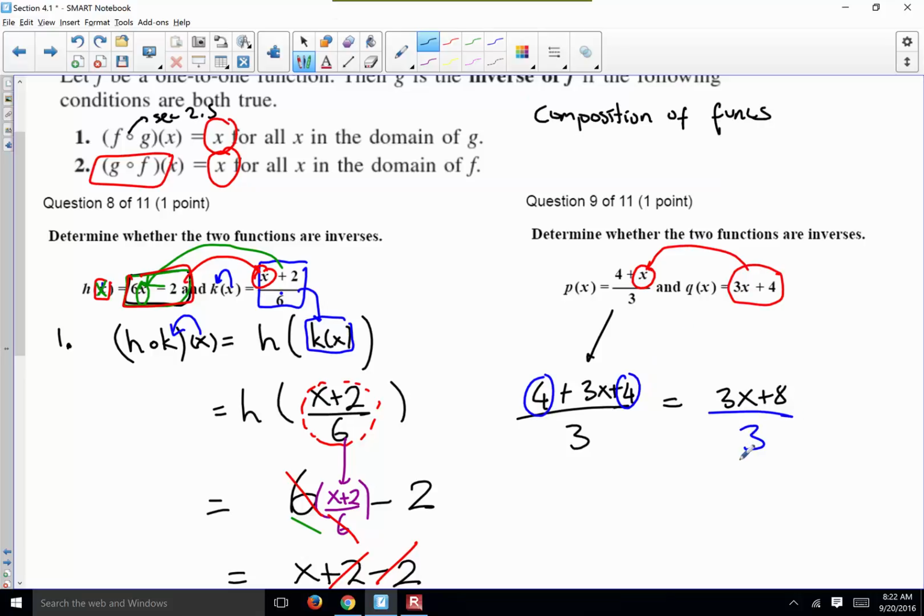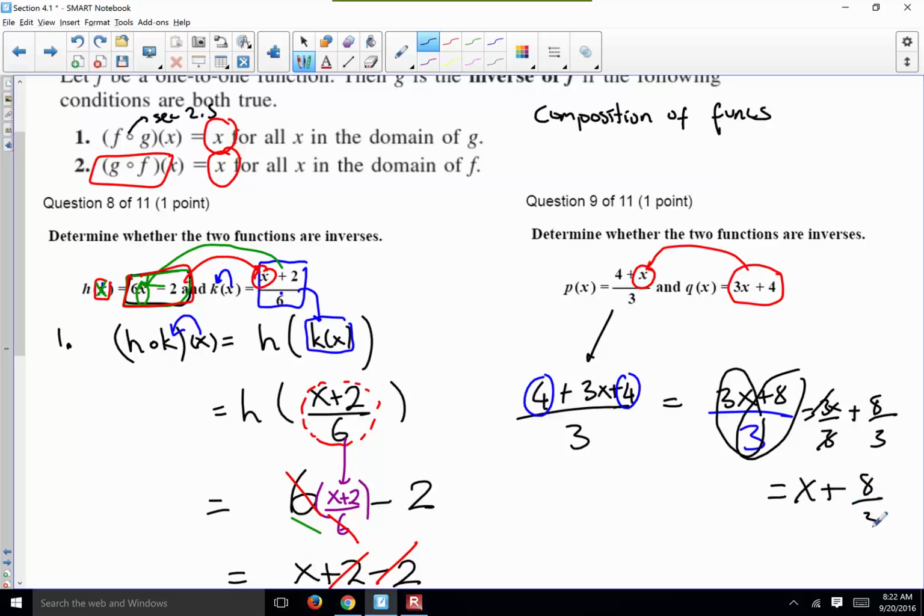Over 3. And I can divide these, but I cannot divide that, so that's not a valid division. I need to divide both. I can separate these though. It's 3x over 3, and then I can separate these two at 8 over 3, and these two can cancel.